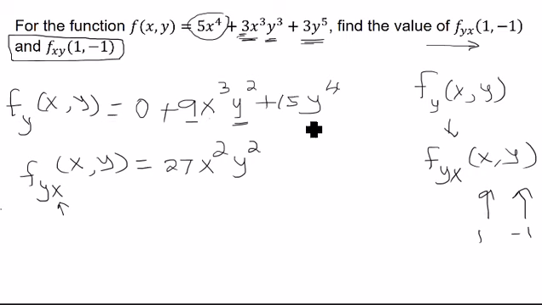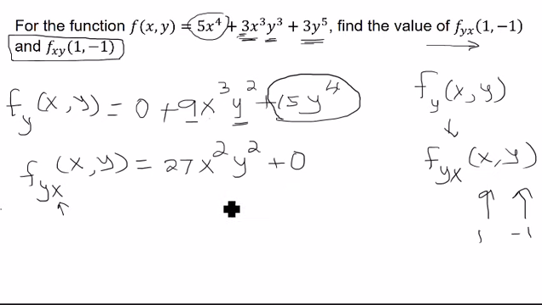And then the 15y to the 4 is a purely y dependent term, and we're doing it with respect to x. So that whole thing, 15y to the 4, is a constant. That's why its derivative with respect to x is 0. So you have to pay attention to the variable you are differentiating with.